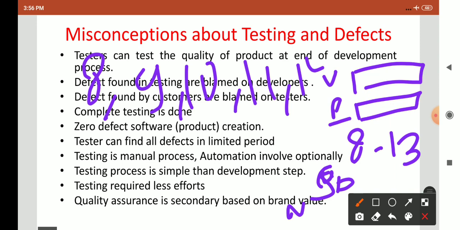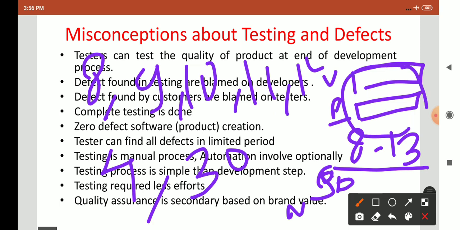There are lots of special characters present, so it is not possible to check the system for each special character. Or if you enter fewer characters, suppose your length is 8 to 13, and you enter only 4 characters, or you enter 30 characters, then it is not possible to check all the scenarios for this login test.